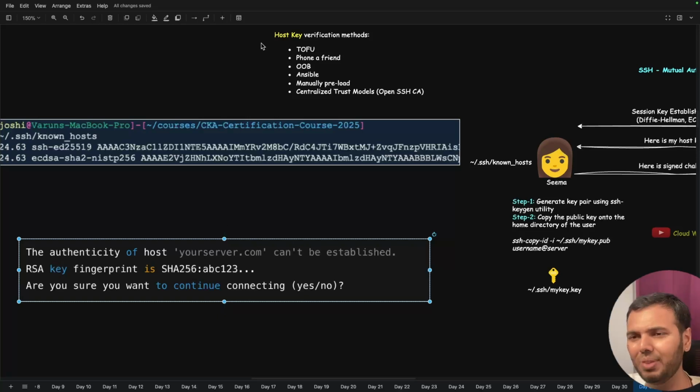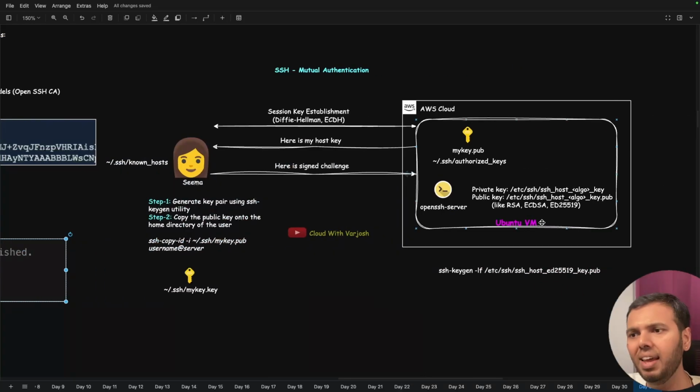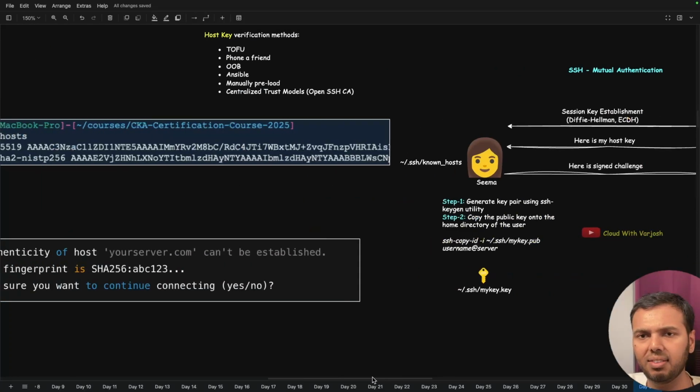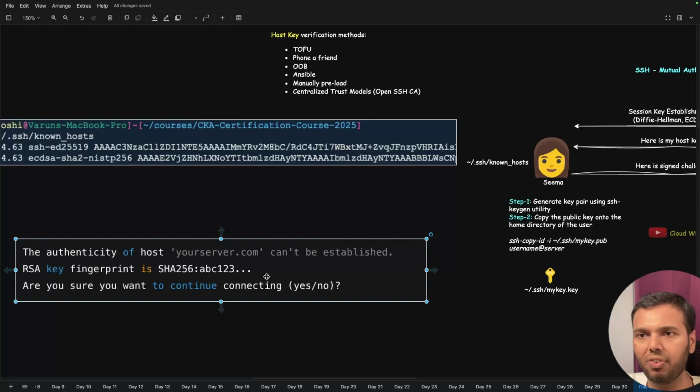That is one way. The third way is out-of-band management. Seema can take the console of this virtual machine and see the fingerprint associated with the public key. That is the third way to verify this fingerprint.